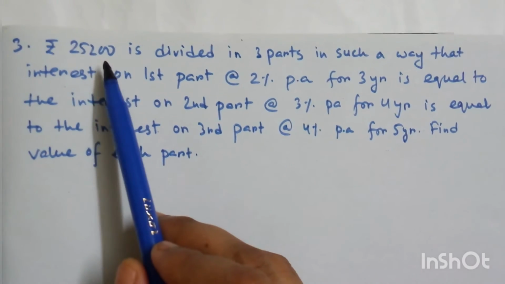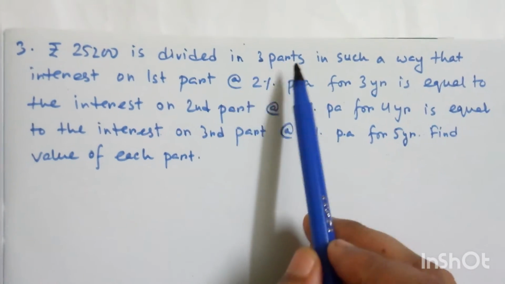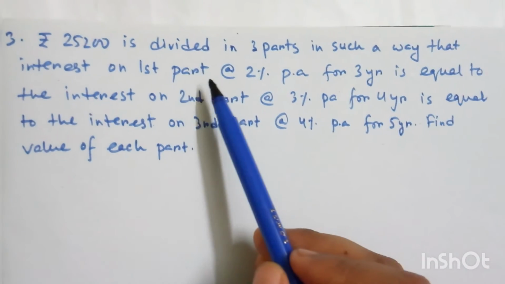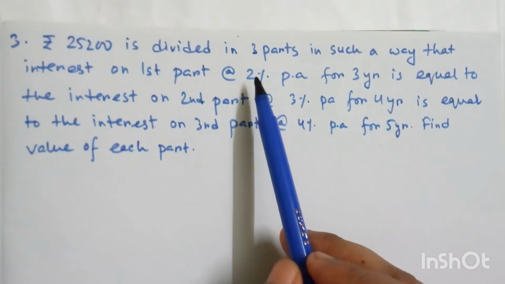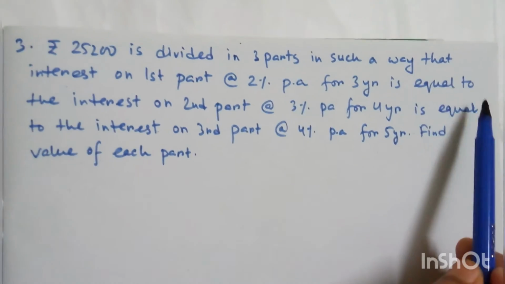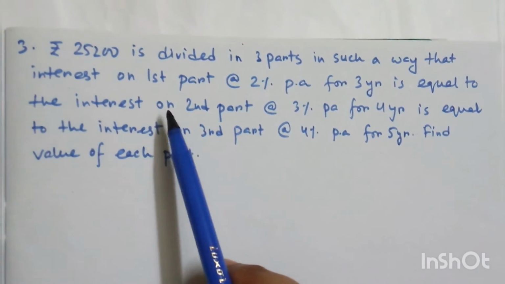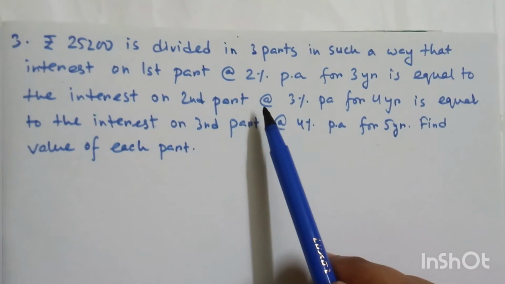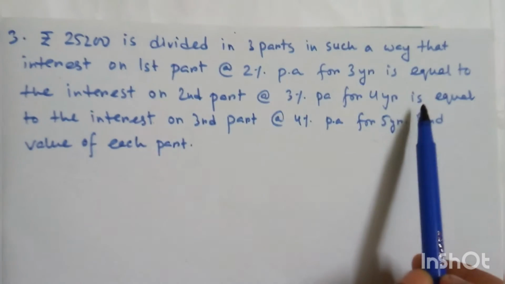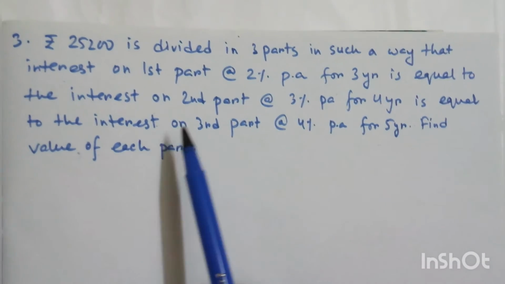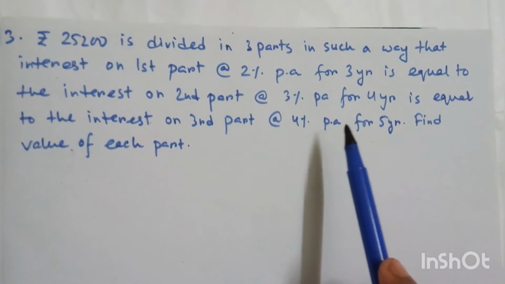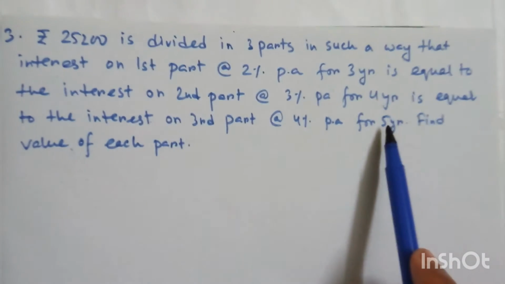Rupees 25200 is divided in 3 parts in such a way that the interest on the first part at the rate of 2% per annum for 3 years is equal to the interest on the second part at the rate of 3% per annum for 4 years, which is equal to the interest on the third part at the rate of 4% per annum for 5 years.